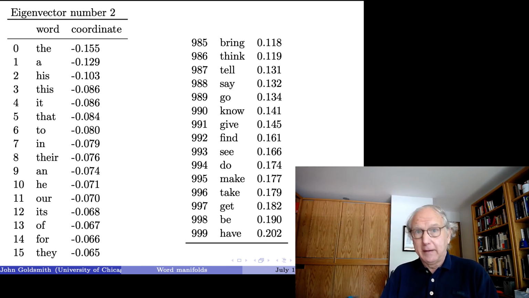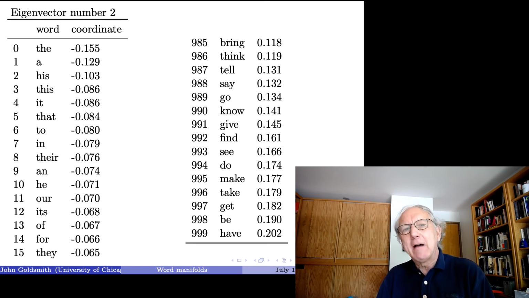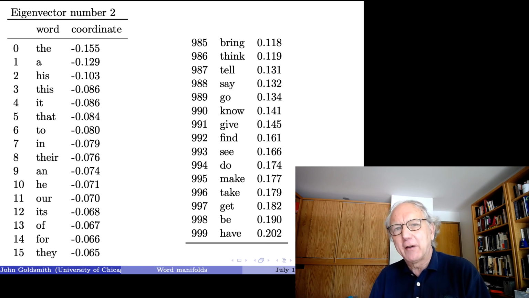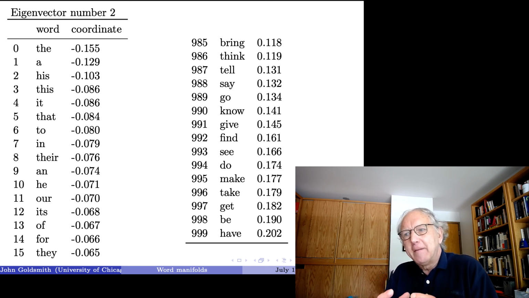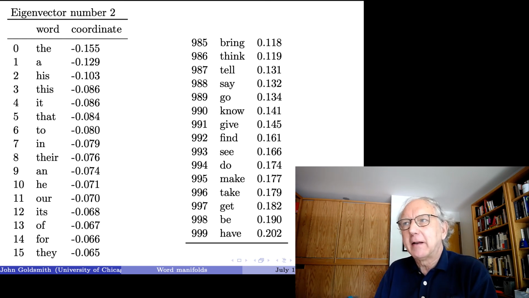Okay, well, so this eigenvector decomposition on eigenvector number 2 is pulling these out and saying these should be tightly together. These should have values assigned to them on the eigenvector which are close to one another. And of course, if we went higher, 984, 983, and so forth, we'd find more.